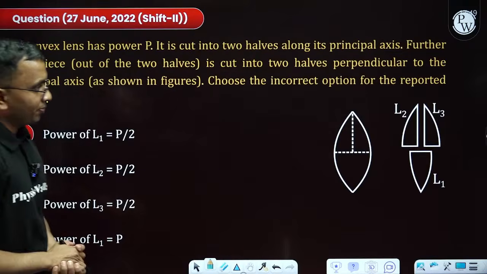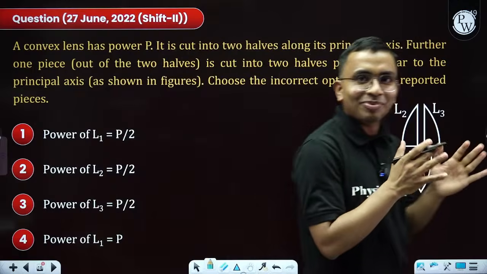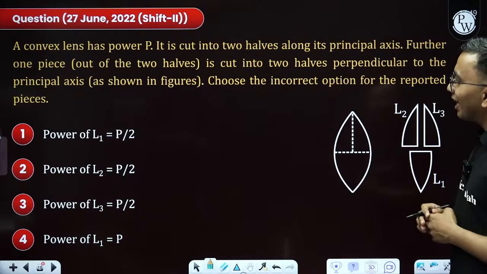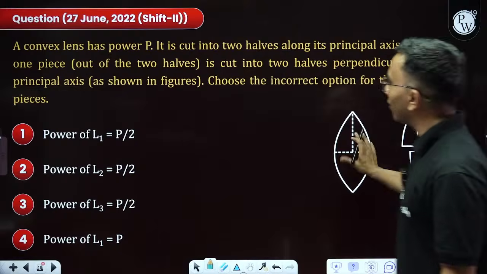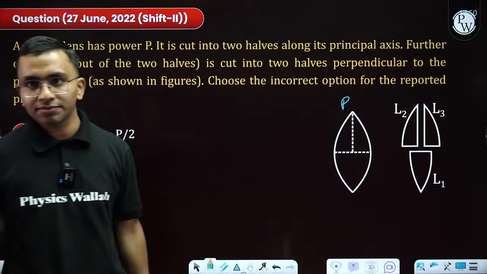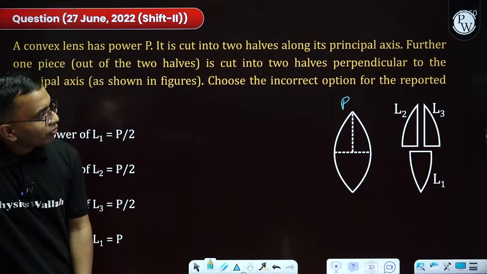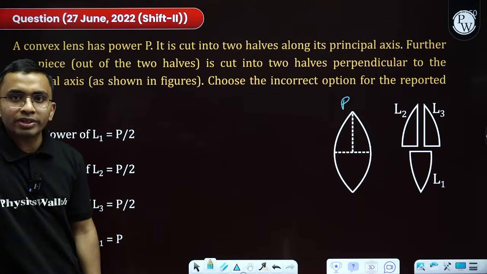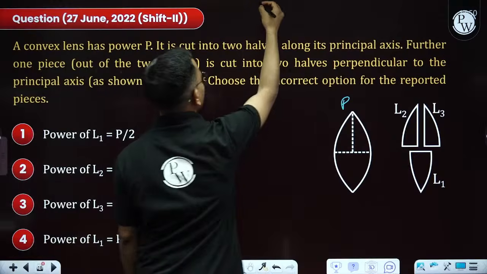Next question. Now this lens is being cut like this, and the initial power is mentioned as P. What will be the power of these individual lenses? How do we write it? Power we relate with focal length.